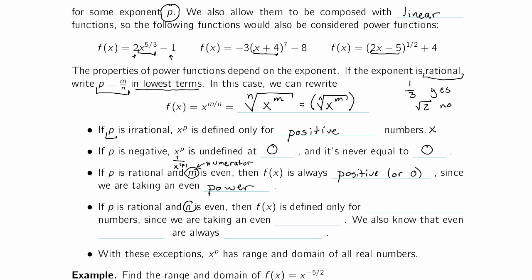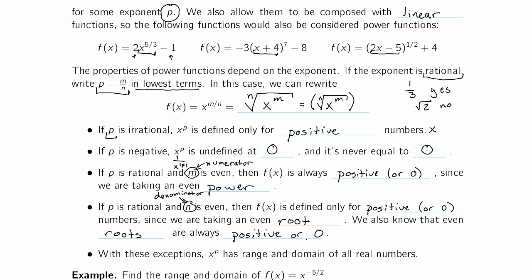If n is even, this is the denominator, then our function is defined only for positive numbers or 0, since we're taking an even root. And also an even root is always positive or 0. So this is just pulling together a lot of things that we already know in one place.